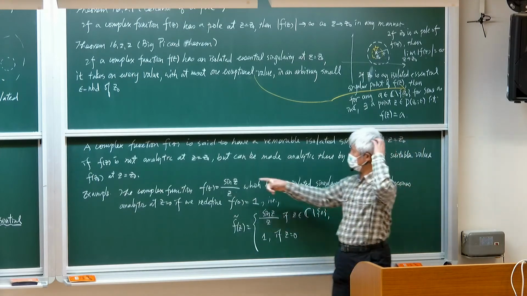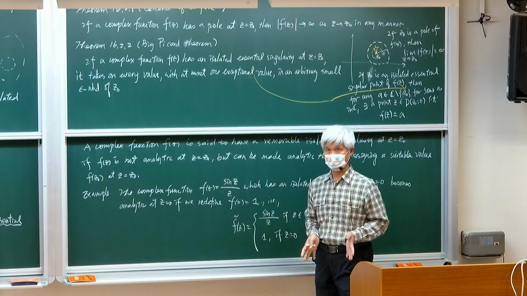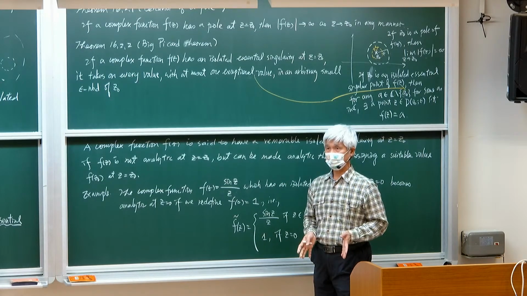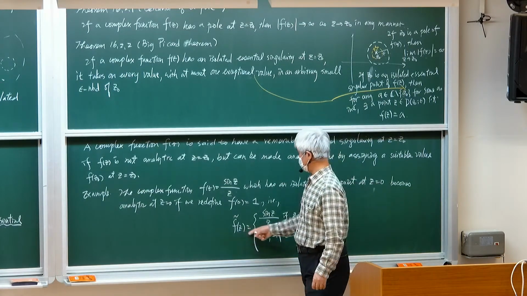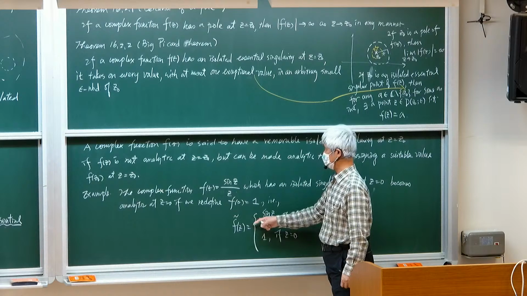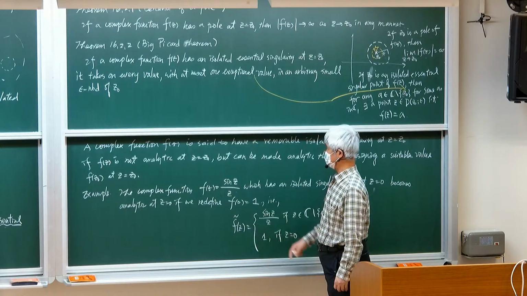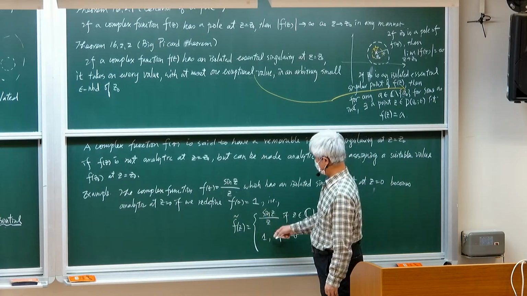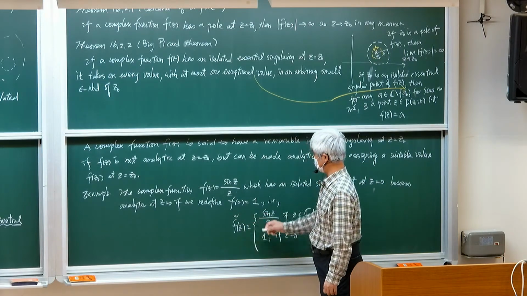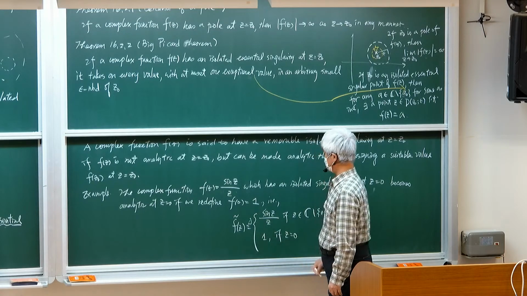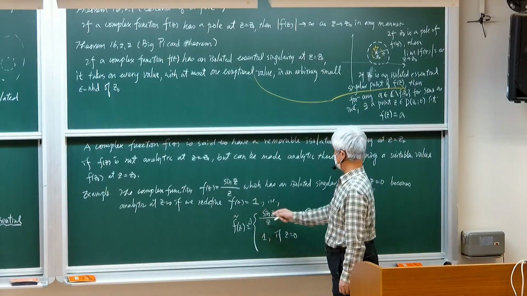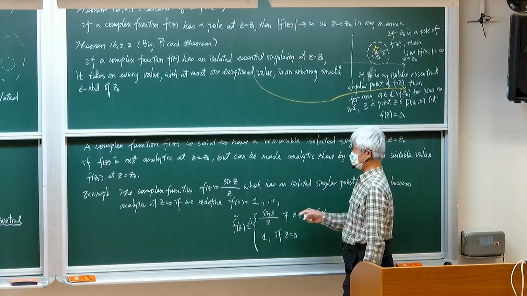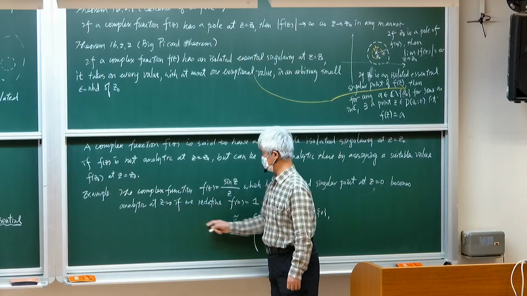So they are different functions because they have different domains. But with that, this f tilde function becomes analytic at z equal to 0.